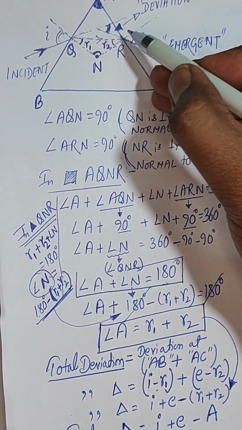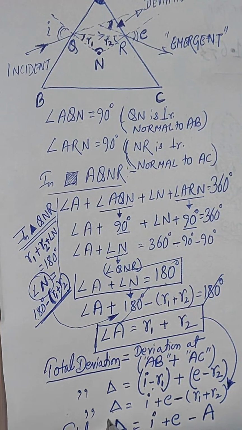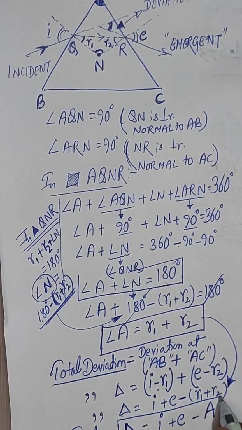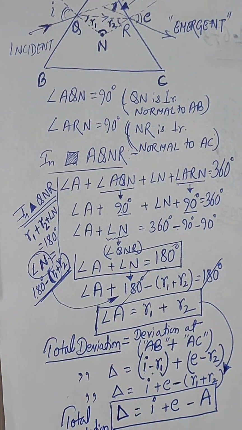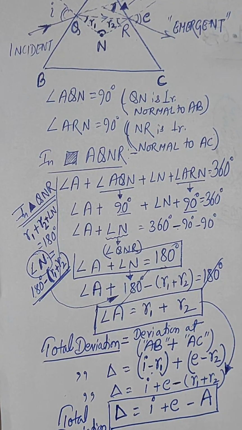This one, deviation delta, is equal to I plus E minus A. Right, my dear friends? So this is the total deviation delta which we have identified.